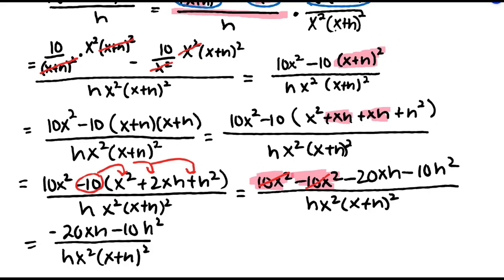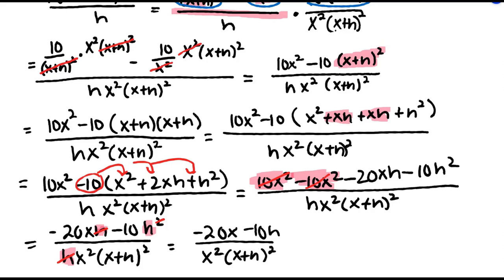And then finally, because we have factors of h in the numerator and h in the denominator, we'll be able to cancel those out. And we're left with negative 20x minus 10h over x squared times x plus h squared.